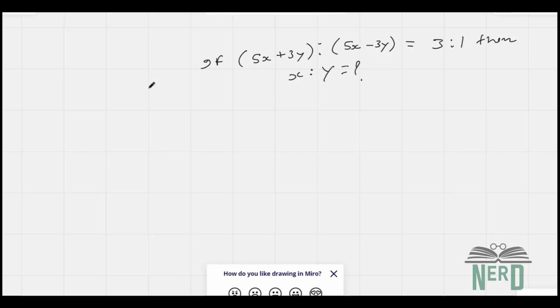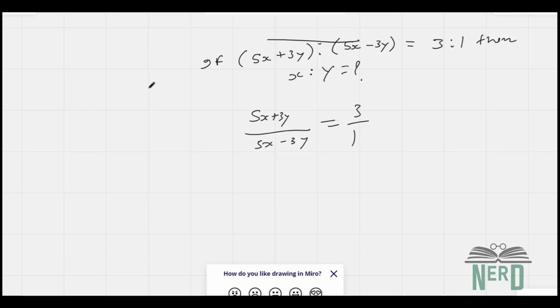First we have to simplify. So if the ratio is given like this, right, you can also write like this, right? 5x plus 3y upon 5x minus 3y. You can write like this, right? It's a similar way. Either you can write in fraction or in this way.